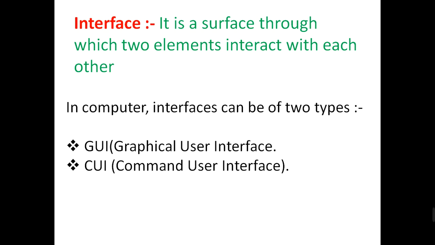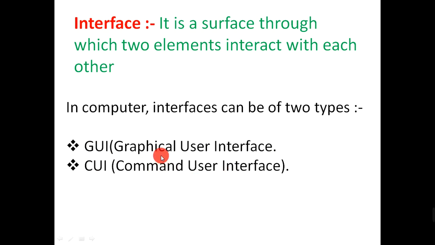So every software provides a certain interface so that you can interact with that software. I will show this in this video in a later part. So in a computer, interfaces can be of two types. The first one is graphical user interface, and the second one is command user interface.